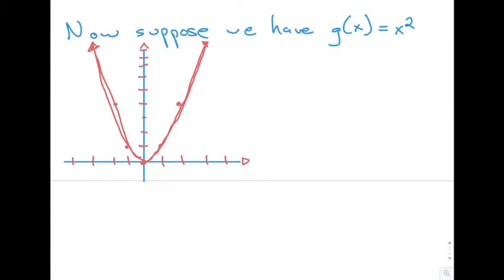So now let's take a look at this. It's often useful to be able to identify when a function reaches minima and maxima, that is, minimums and maximums on the graph. We could have a more complicated graph if we wanted to. Maybe this is more interesting. But the key is that we can see by looking at g of x equals x squared that the parabola is at a minimum right there when x equals 0.